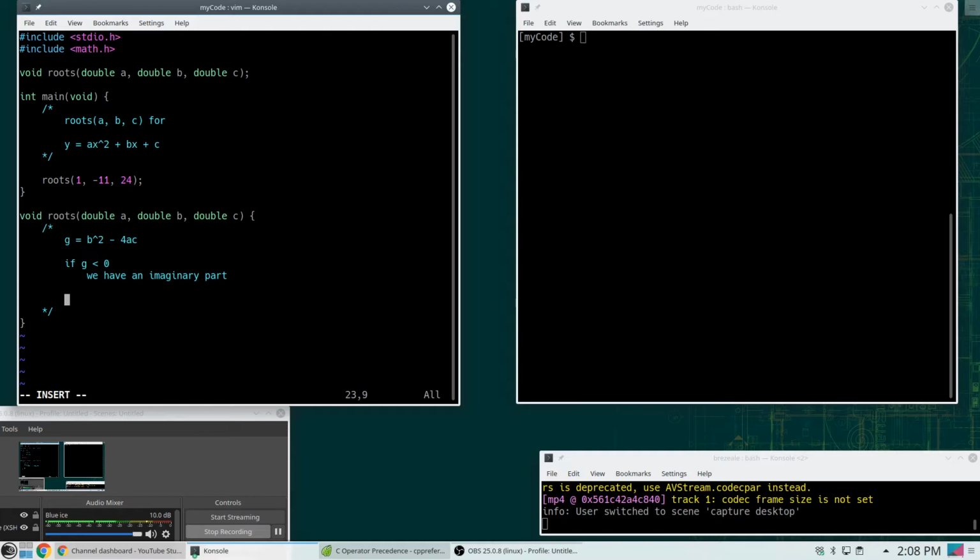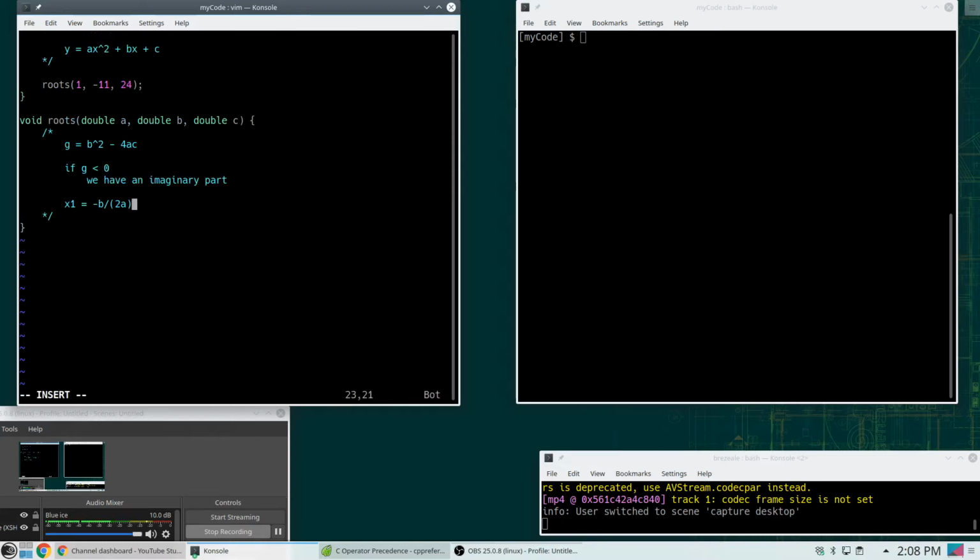Or formula, excuse me. So we'll have x1 is equal to minus b, and let's go ahead and write it like this, divided by 2a, because actually I'm going to write at least parts of it like this. Plus, and if that's our g, then we have square root of g divided by 2a.